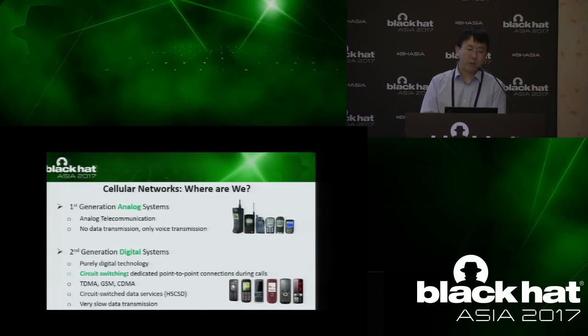And at that time, we didn't have data transmission on first generation network. Then in early 1990s, we have the second generation. And the feature of second generation is digitalization, which means the data, the voice are digitalized before the transmit.